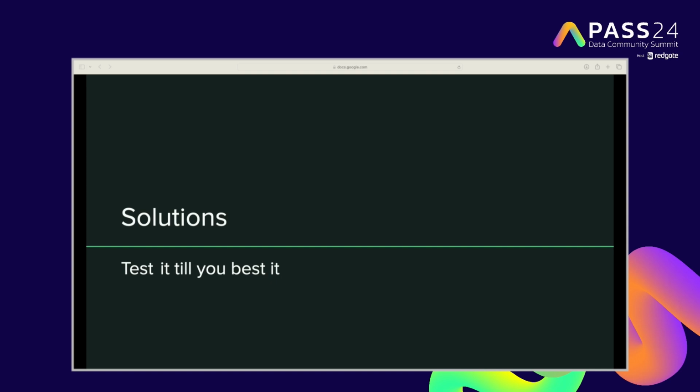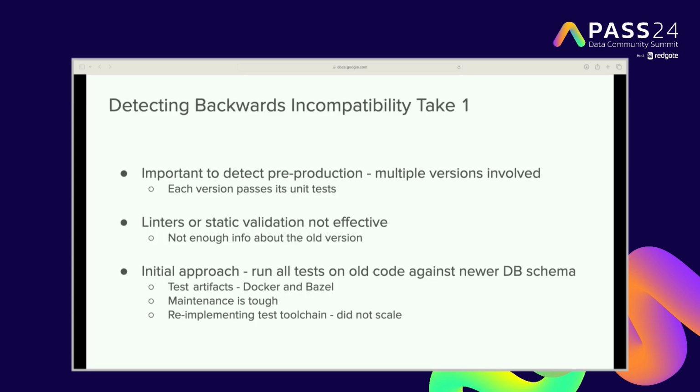So one way is to, again, catch this before it gets to production. The nature of the problem here is nuanced. You can't detect it in production because you have two versions of your code running.